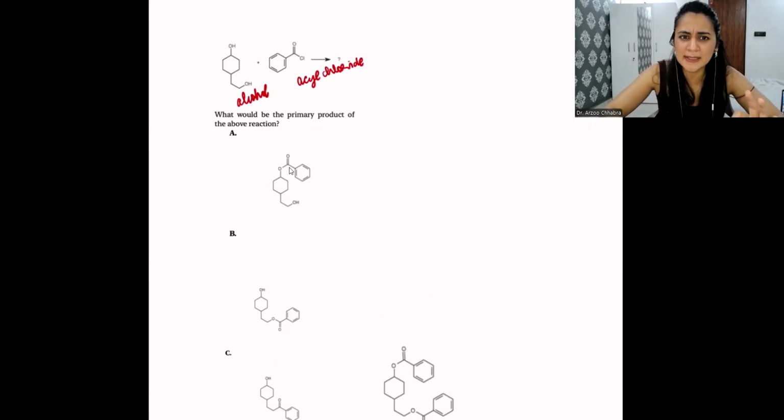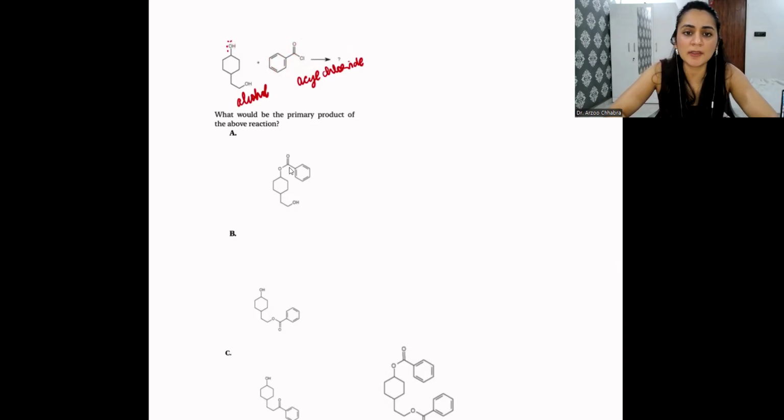If you really think about it, what we are seeing here is that we have the lone pair of electrons on the alcohol. The lone pair on the alcohol can attack over here at the electrophilic carbonyl carbon, and it can undergo a nucleophilic substitution reaction and kick out a chlorine, or a nucleophilic addition reaction.